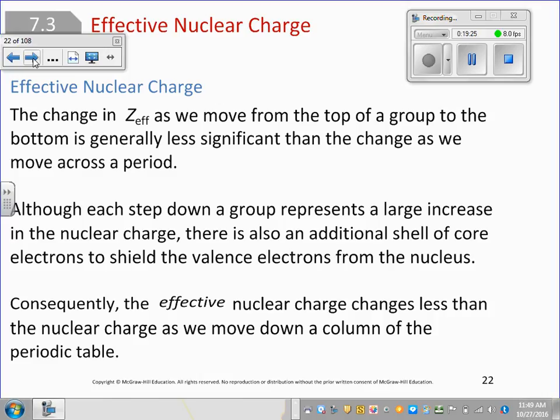But at the same time, what are we doing? We're adding electrons. So our valence electrons are farther away, plus we have more shielding. So they kind of offset each other somewhat. So the effective nuclear charge changes less when you go down a column as opposed to when you go from left to right across the row.